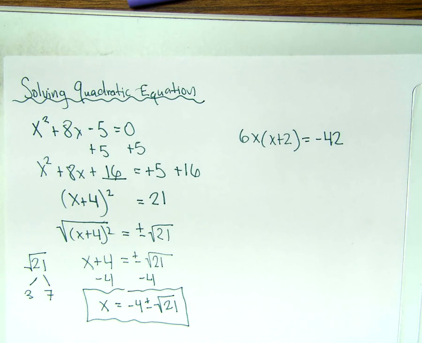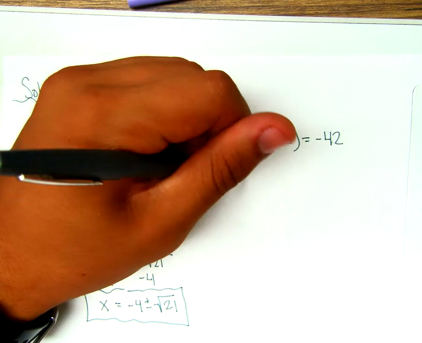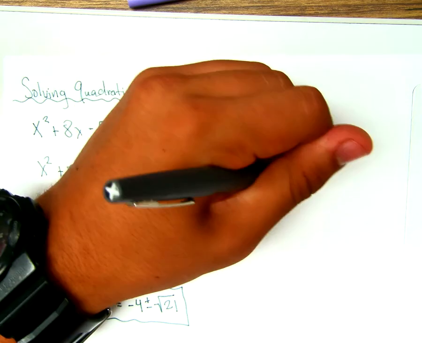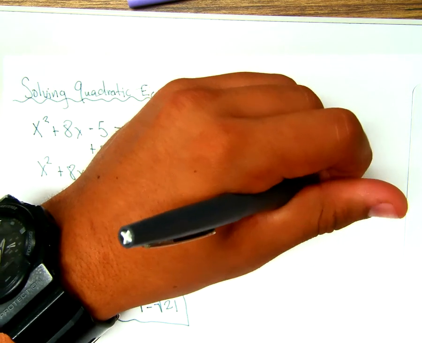Is this a quadratic equation? Yes, but it's kind of hidden. It's a ninja. Okay, kind of like Bailey. So what can we do to make this look like a quadratic equation? Distribute. So we'll get 6x squared plus 12x equals negative 42.